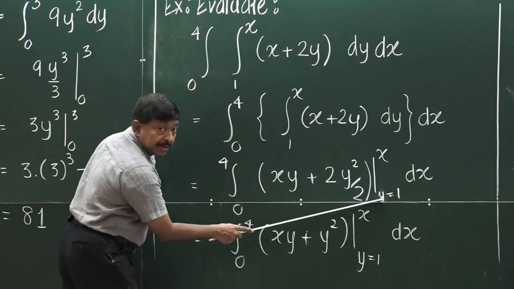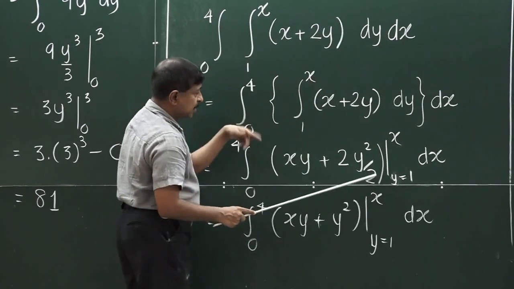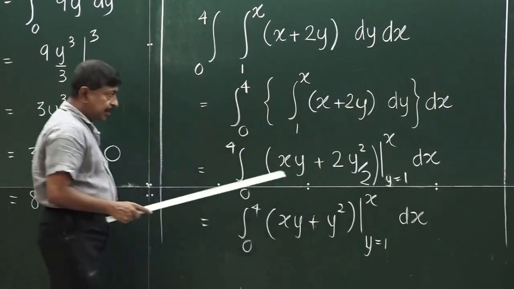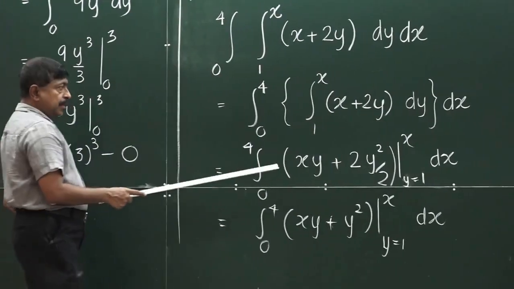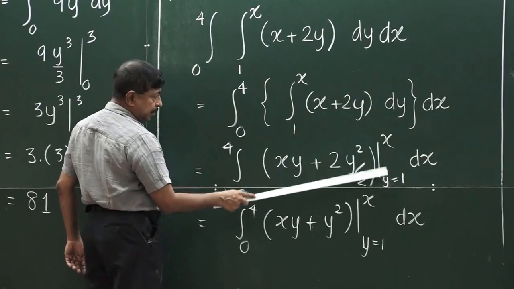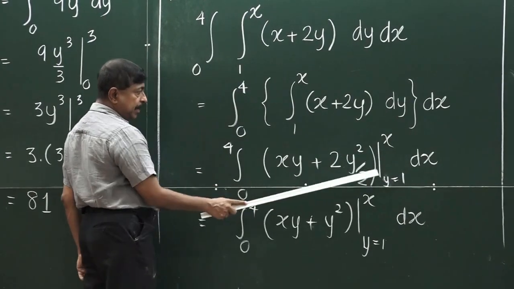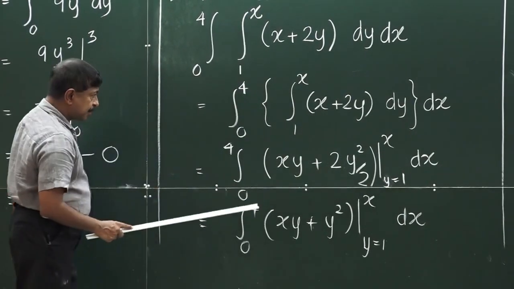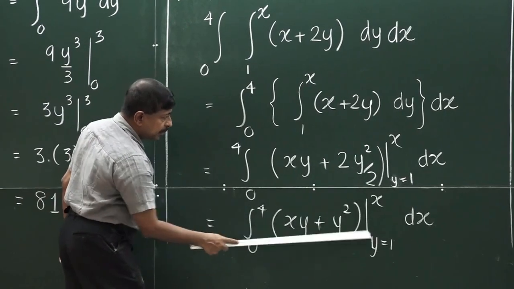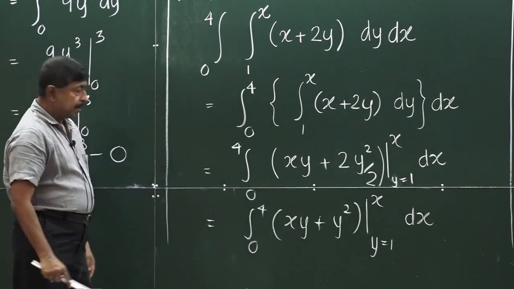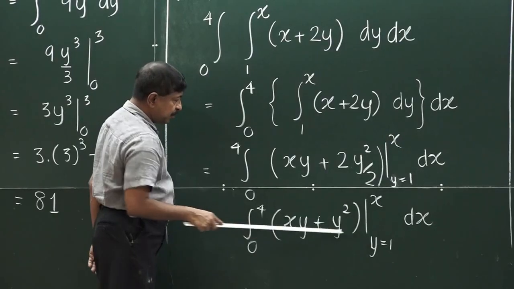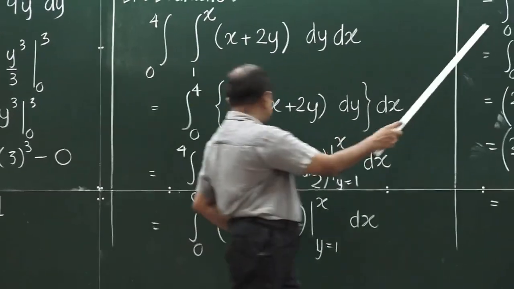Here, you better indicate the variable like this, to avoid the confusion. Now, this y squared, these are the limits. Now, you plug in x first and then 1, right.